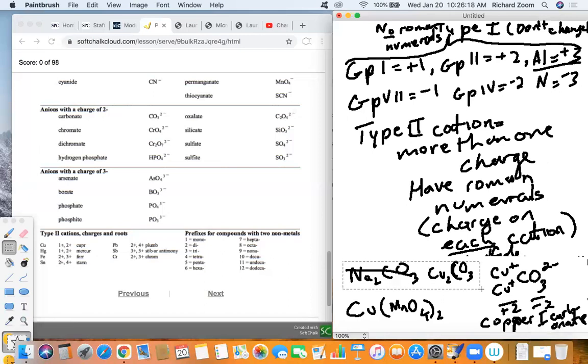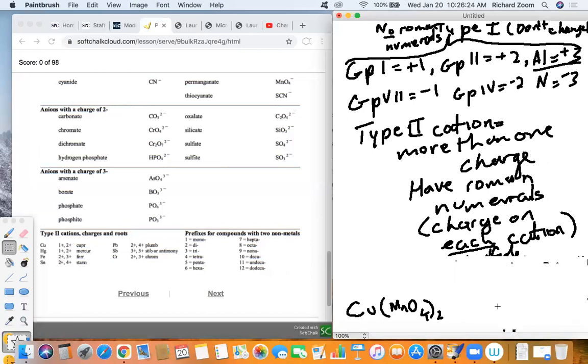So again, making that distinction between how many of a polyatomic ion group there are is going to be important. So we've got Cu(MnO4)2, and there are two MnO4 groups because we've got the parentheses there on the outside. MnO4, as you can see up here, is at the top.